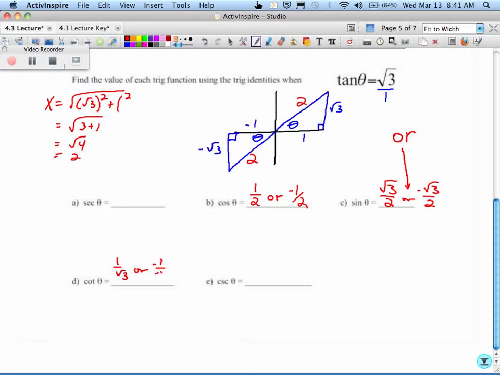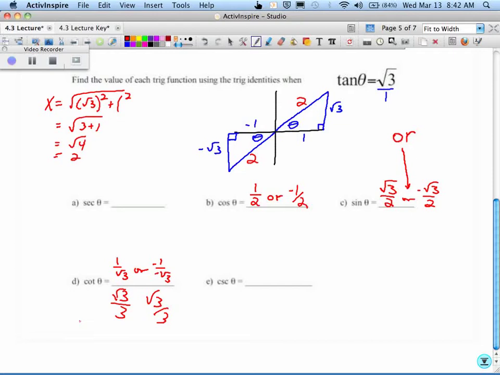So if I just write them down, I get 1 over root 3 and negative 1 over negative root 3. I need to simplify those. When you rationalize, root 3 over root 3, you get root 3 over 3. And when we do that one, you also get root 3 over 3. So that would be your answer. We could have done cotangent by just looking here, right? Reciprocal of tangent, and then rationalize.